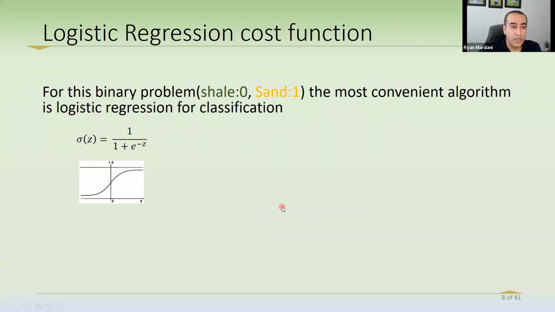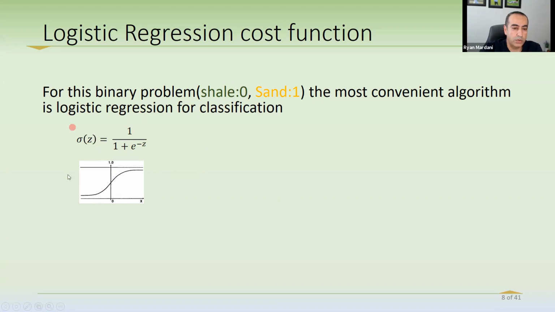Okay, logistic regression actually is a very important function. This is not a cost function; it is a function that makes our binary classification much simpler and easier. If you look at it, it is 1 over 1 plus e to the minus z.